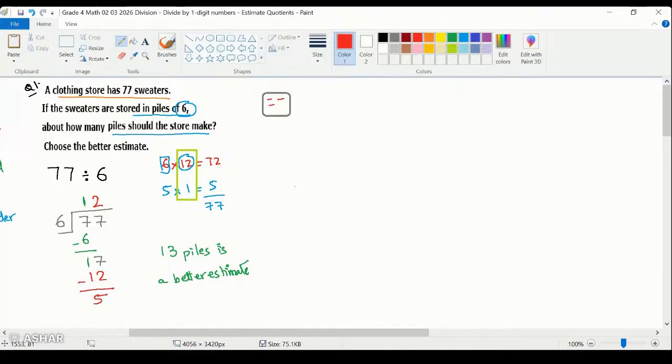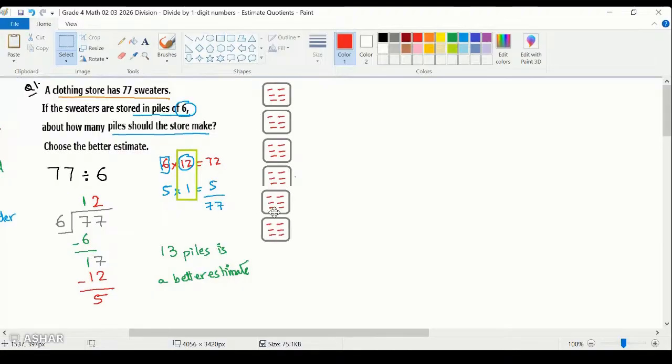If this is one pile with 6, then 2 piles will have 12. 4 piles will have 24. Do we agree? 4 piles will have 24.